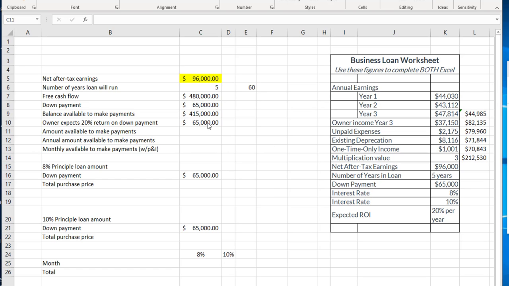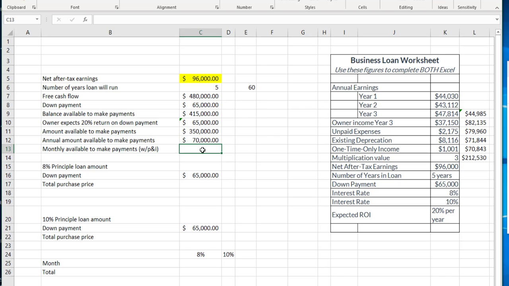So now we look at that return on investment, and we want to take that away. So equals $415 minus that expected return. So that gives us the amount available to make payments is $350,000. And since it's 5 years, we're going to divide that by 5. That gives us the annual amount. So we have $70,000 available to make payments with.